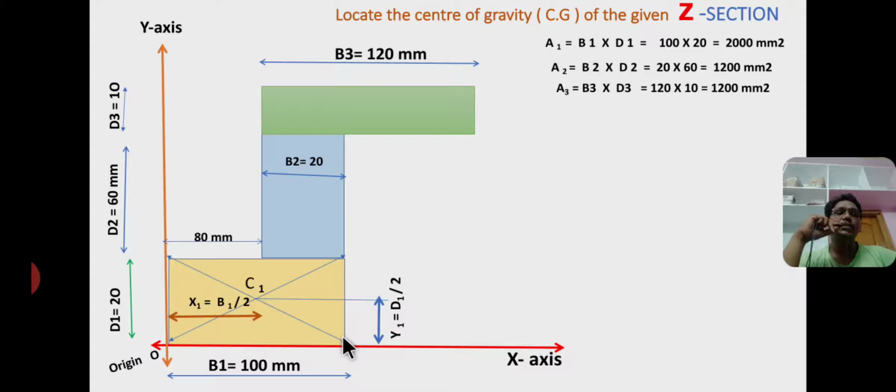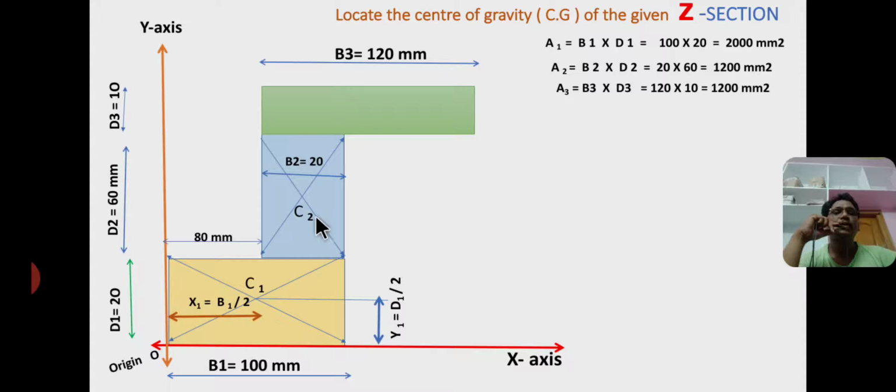Already we have discussed in previous slides the centroid of a triangle; the centroid of a rectangle lies where its diagonals meet each other. Therefore the intersecting point of these two diagonals is centroid. So C1 is the centroid of a bottom rectangle at a distance of half of the base and half of the height.